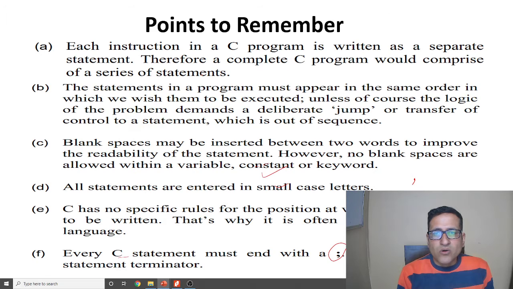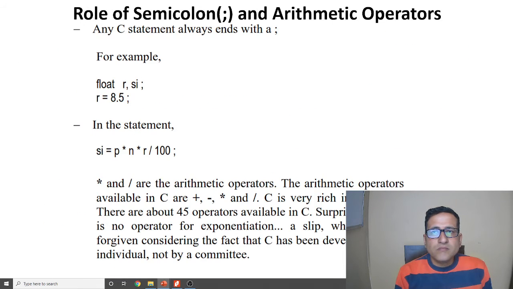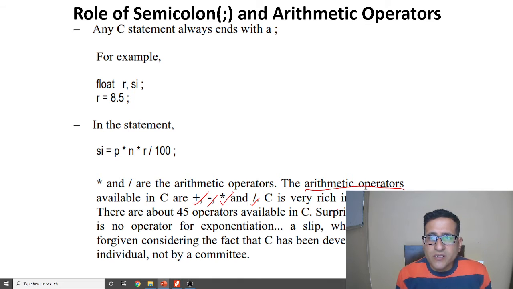This is also told here that the semicolon is a must to terminate the statement. We have discussed that plus is for addition, minus for subtraction, star is for multiplication and slash is for division. These are the arithmetic operators.